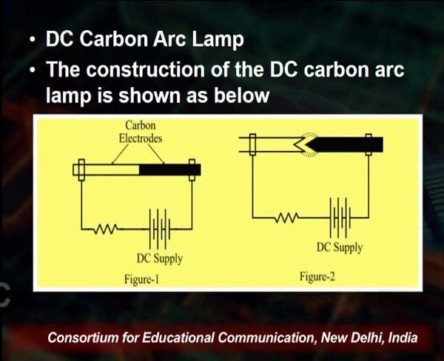This is the type of arc lamp where we get white light, and both electrodes of the DC carbon arc lamp burn out after some time. The rate of burning of the positive electrode is twice that of the negative electrode. Therefore the cross-sectional area of the positive electrode is made twice the area of the negative electrode in the DC carbon arc lamp.